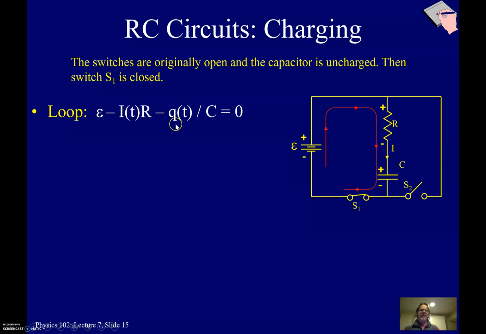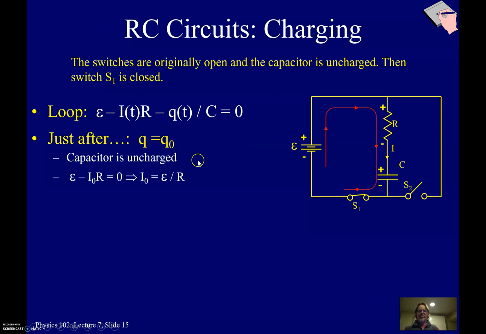Over time, this would be the voltage drop across the capacitor as that thing starts storing up energy right over here. So immediately after you close the switch, we start off with no charge on the capacitor because it's uncharged. If we want to find out exactly what the current flow is, we don't have any potential across here.